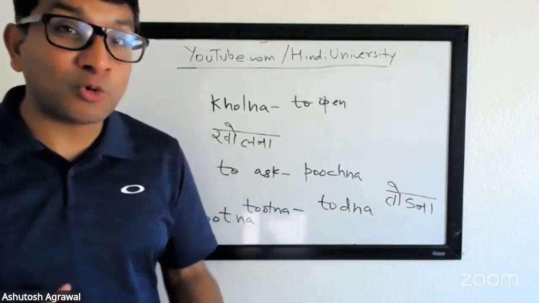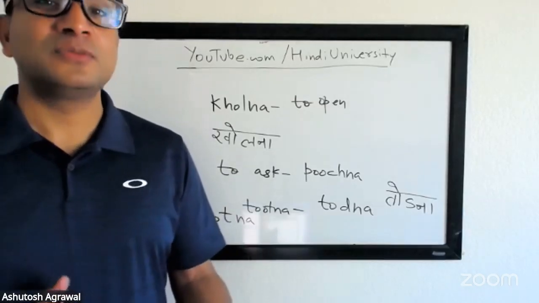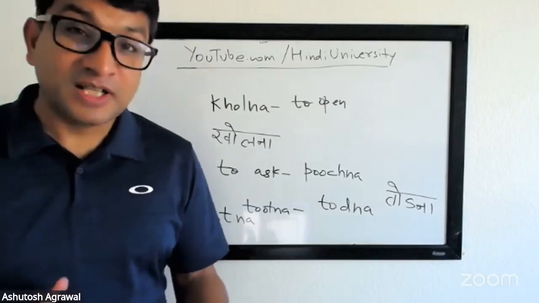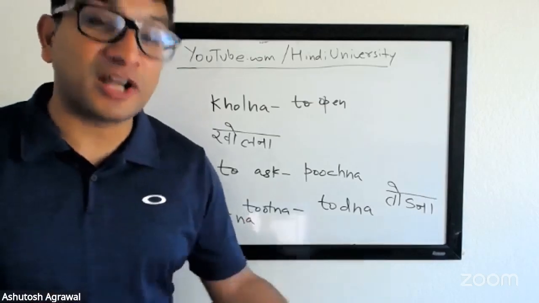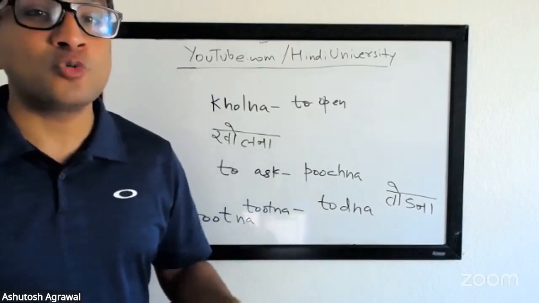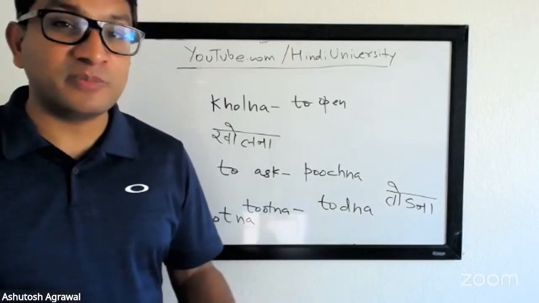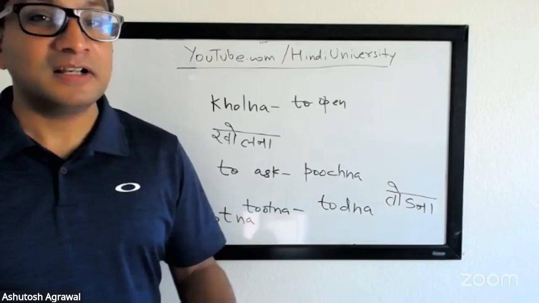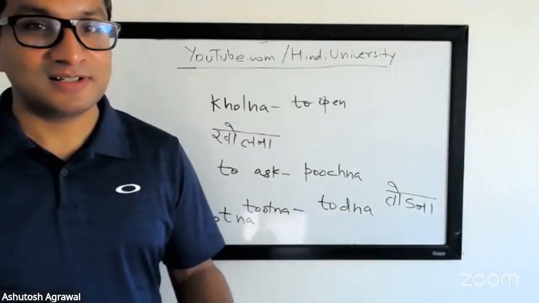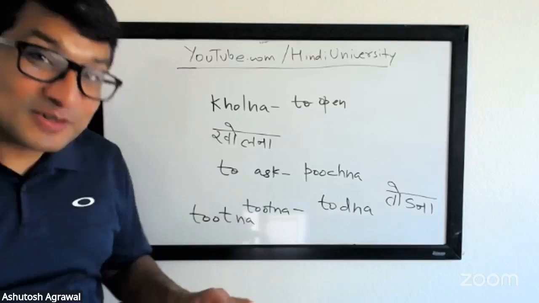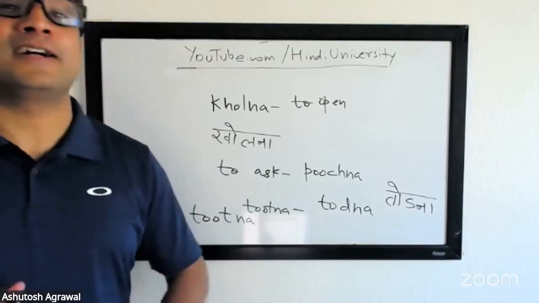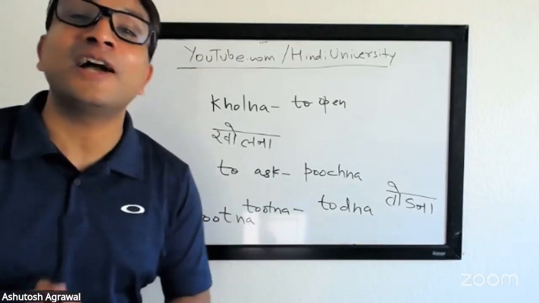Very good. So say it one more time. The cup broke would be cup tuta. Very good. And we're not done in this class, but toot jana. The past form of jana would be gaya. So cup toot gaya. Like somebody asking me, what happened? क्या हुआ?